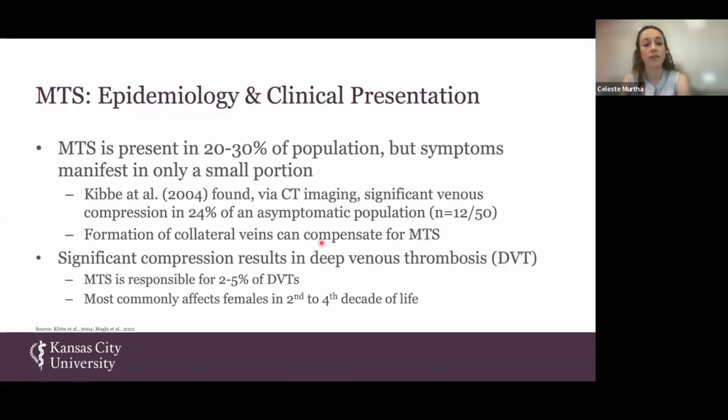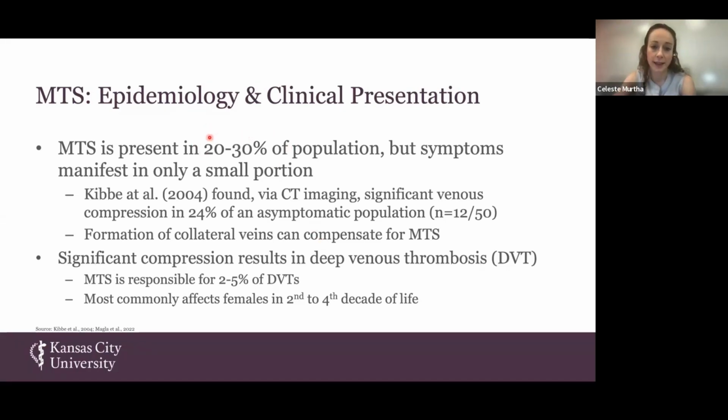Okay, in terms of disease epidemiology, it is believed that May-Thurner syndrome affects about 20 to 30% of the population. However, symptoms manifest in only a very small portion. And for that reason, it's actually thought that this prevalence is an underestimation.